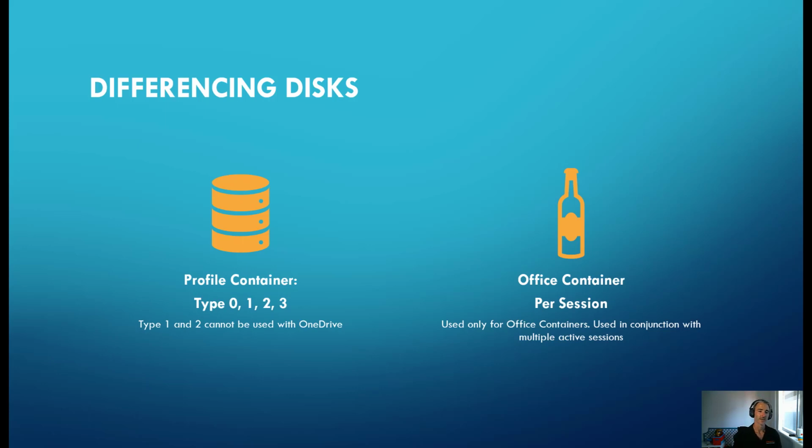And what that is, if I have a user that logs into two different session hosts, right, I can cater for their profiles using a differencing disk scenario. Their Office container in a per session scenario is going to create two session disks. Right? It's going to have two unique copies of the OST or the OneDrive cache.